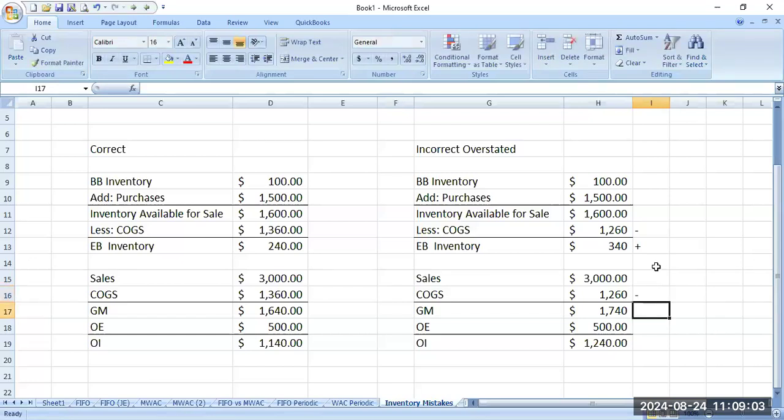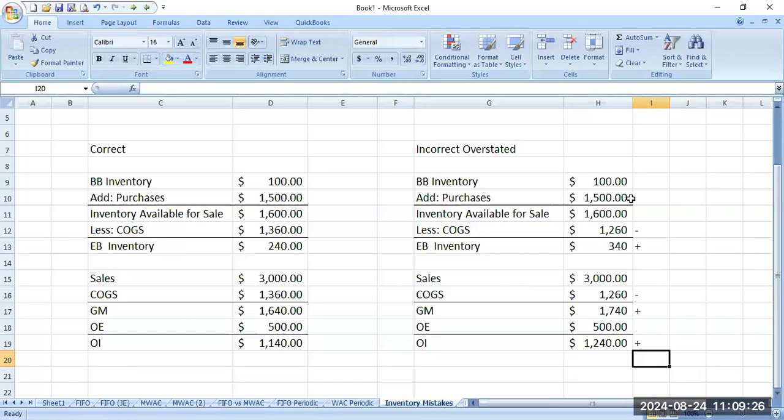Now what's happened with the gross margin? Gross margin goes up, so the gross margin is overstated. Operating expenses are the same. Operating income, what's happened with the operating income? Operating income is overstated as well. What's going to happen if the opposite happens?